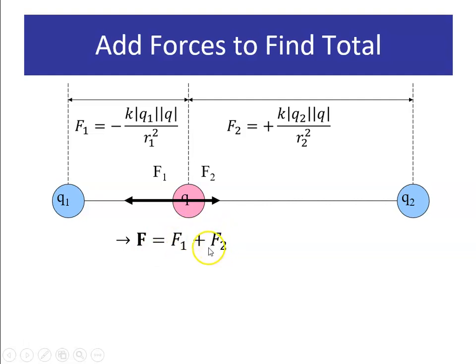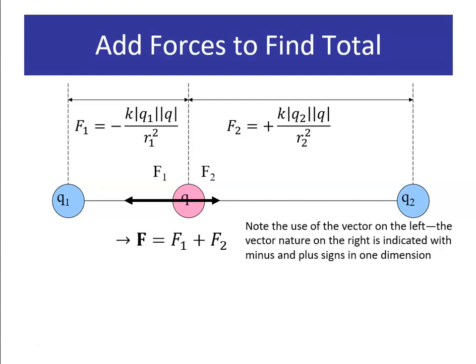Naughty, naughty, but I should have done that, or I should have put vector arrows over them. So, in any case, now that we know that force vector equals F1 vector plus F2 vector, we can look at the free body diagram and figure out what is the direction of each of these forces, and then Coulomb's law tells us the magnitude of each of these forces.